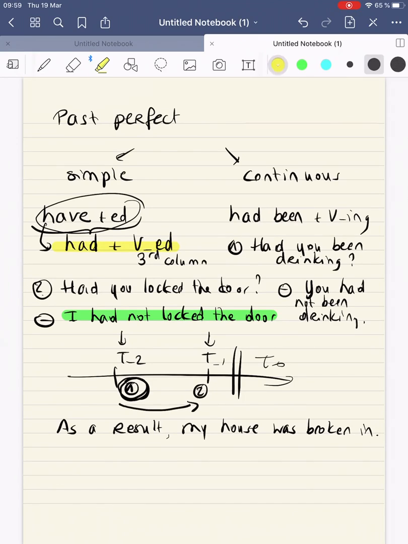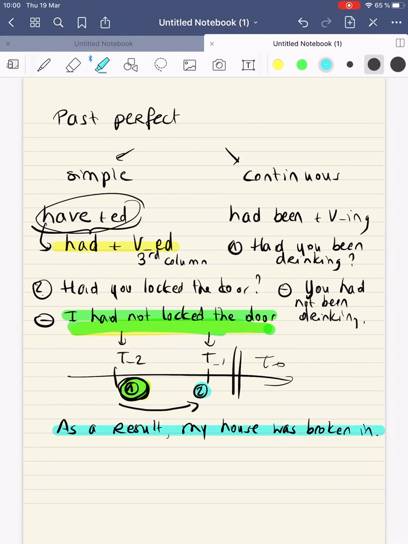What you're trying to show here is that the first event here is the fact that you had not locked the door. Right? You had not locked the door. Actually, what I should have done to be a bit more clever is to say you had not locked the door.